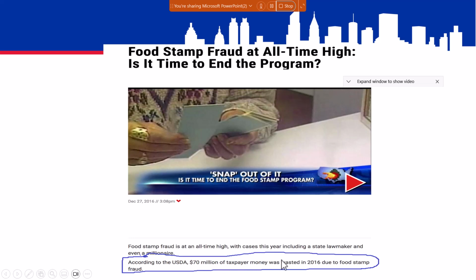And the other is, is that enough to justify shutting it down? How is that even possible in calculating if they are using it for food? But how was it wasted when it was used for fraud? Yeah. I guess we had to find out more information about that. Yeah, we all agree on that.